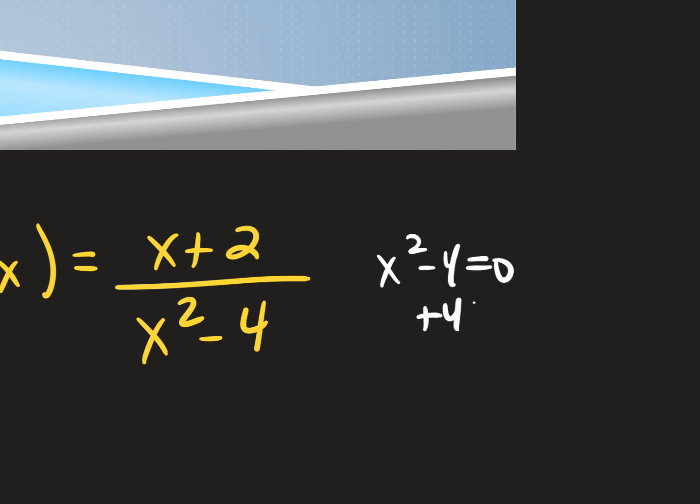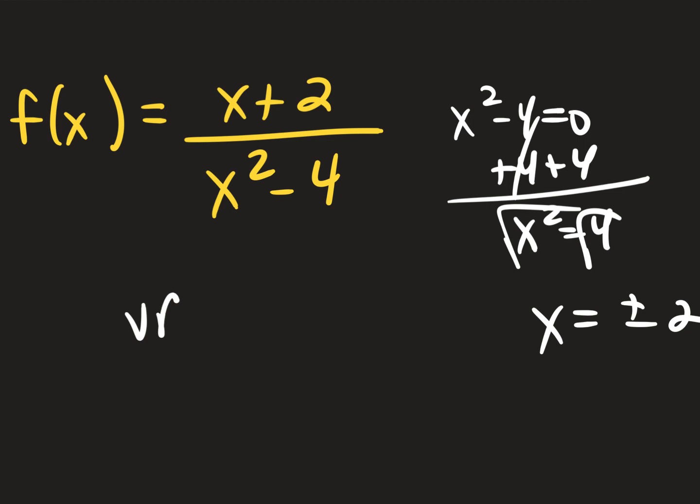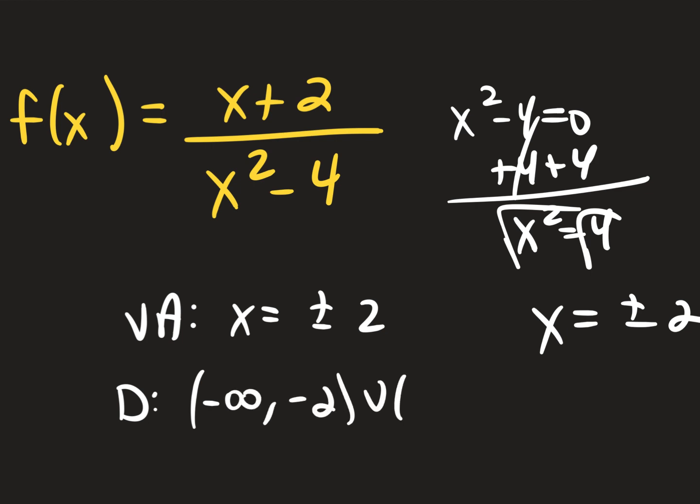You would add 4 to both sides, then x squared equals 4. Take the square root of both sides. You get x equals plus or minus 2, correct? You would tell me that your vertical asymptotes are at x equals plus and minus 2. And then the domain is negative infinity to negative 2, negative 2 to 2, and then 2 to infinity, correct?